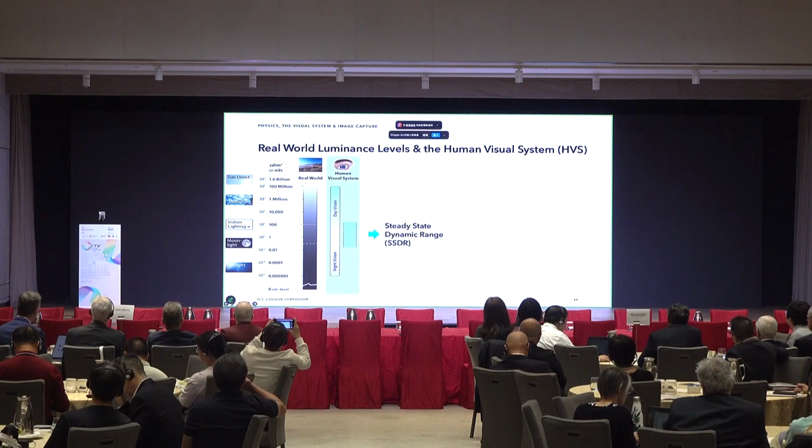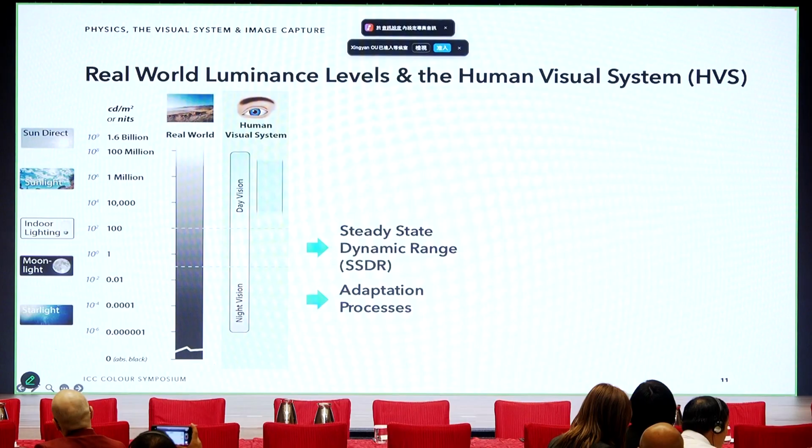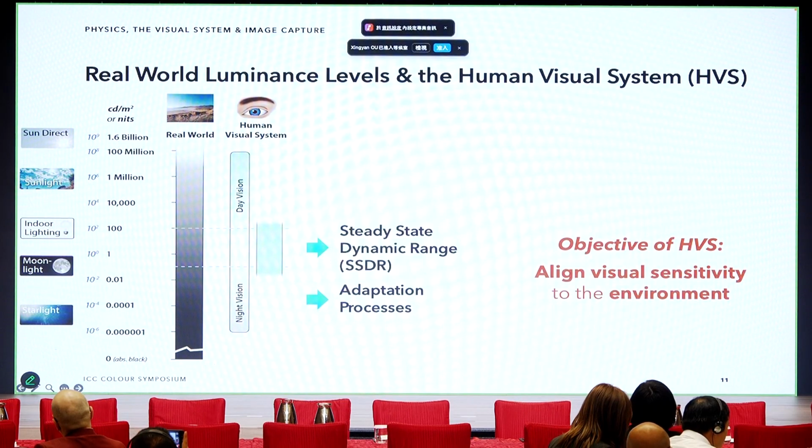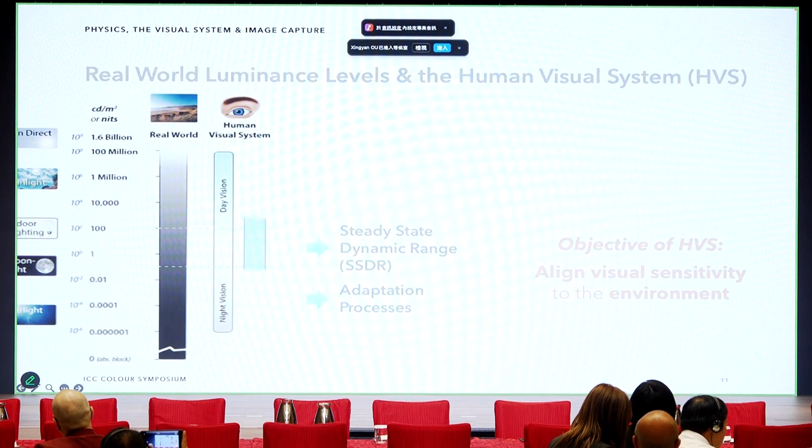We can only see a subdivision of that, which is called steady state dynamic range, or SSDR. So to reach everything in the visible range, we need to employ adaptive processes, or adaptation, which was illustrated with this window moving up or down. So the objective of the visual system is to align visual sensitivity to the environment.